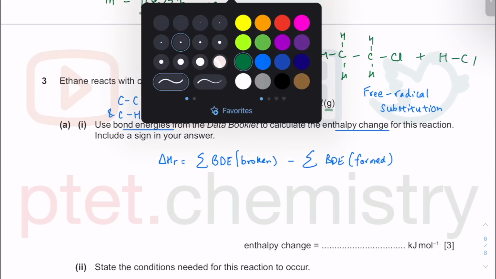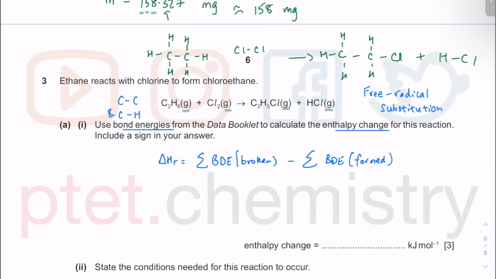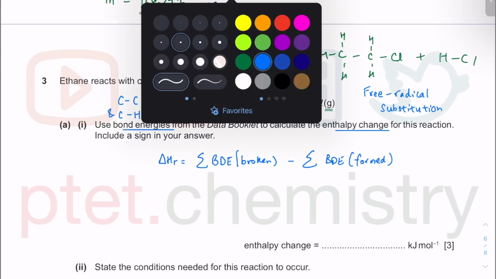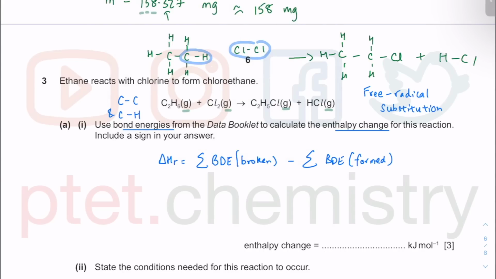Let's say this blue one, I am breaking that and that. Why? Because now the C-H becomes C-Cl. So technically speaking, I am forming the C-Cl and then I'm forming the HCl. So I just need to break one of the C-H and one of the Cl-Cl. The C-Cl and HCl are being formed.